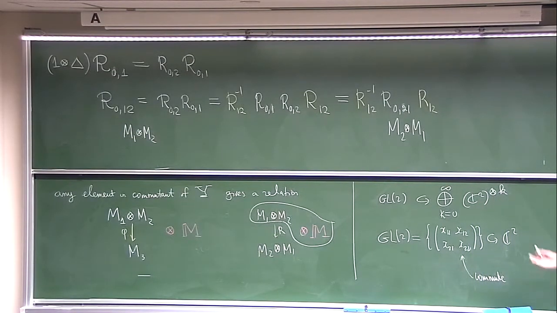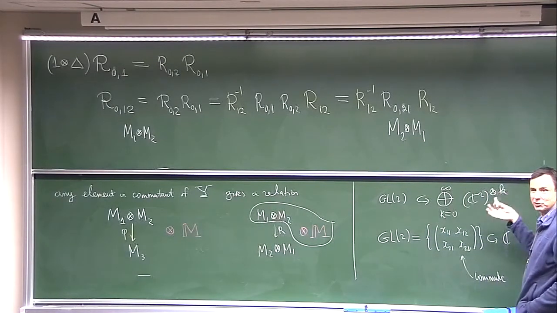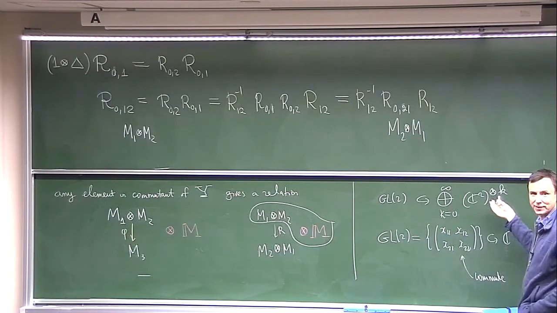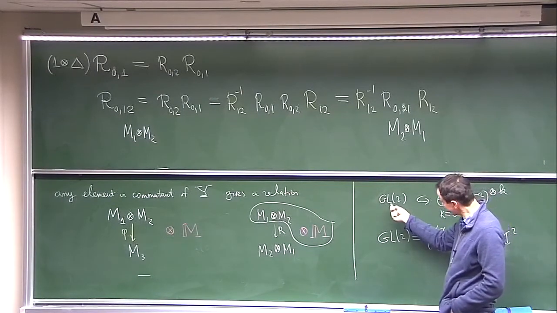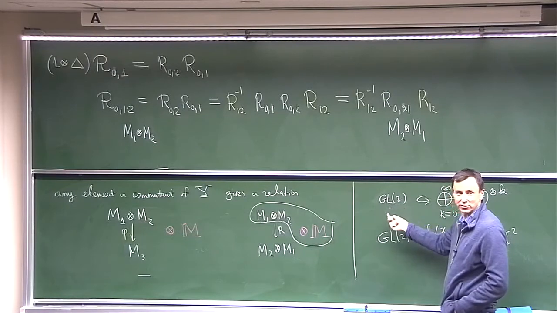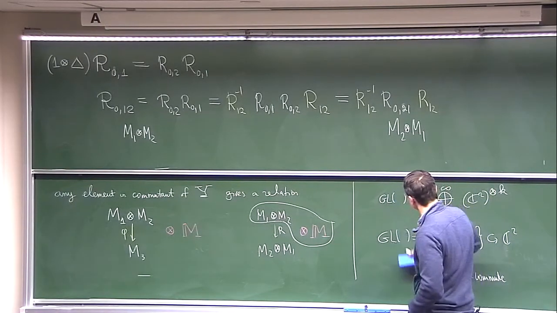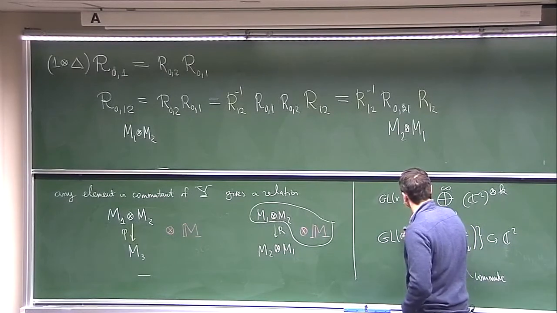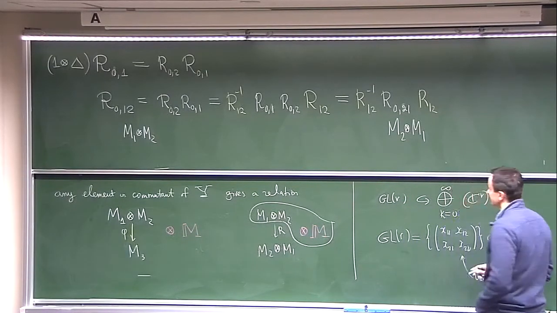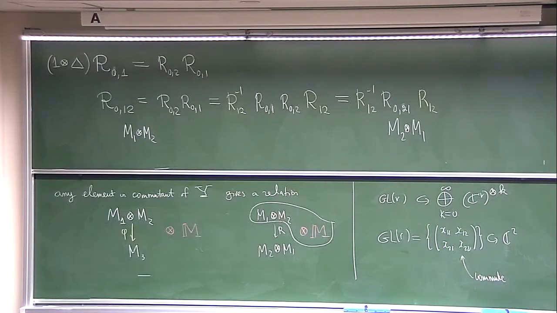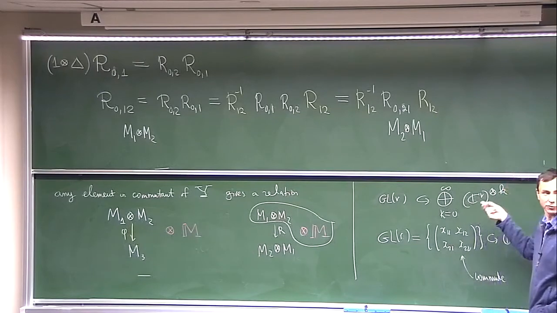But if I had some subgroup in here, then there will be more. Like for example, if instead of the full linear group, I took the orthogonal group, let's for the sake of argument call it R. If I have some subgroup, then of course I have more intertwinings.